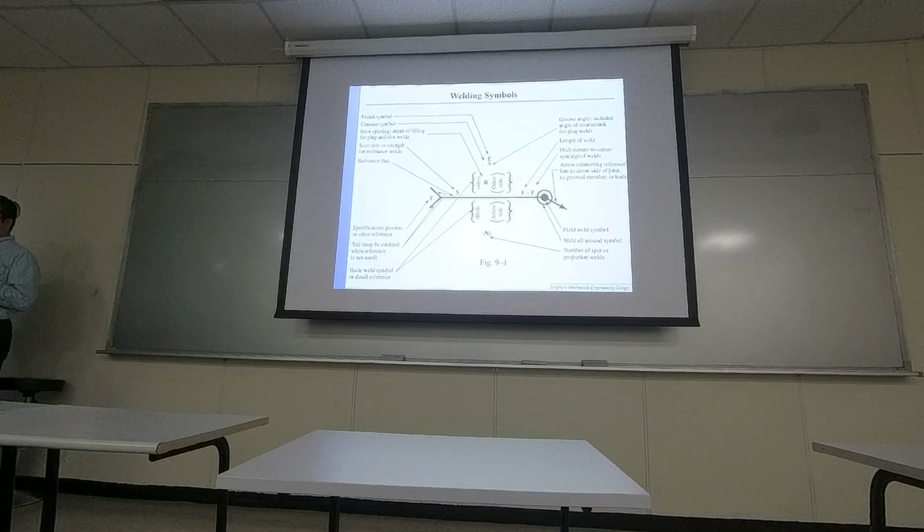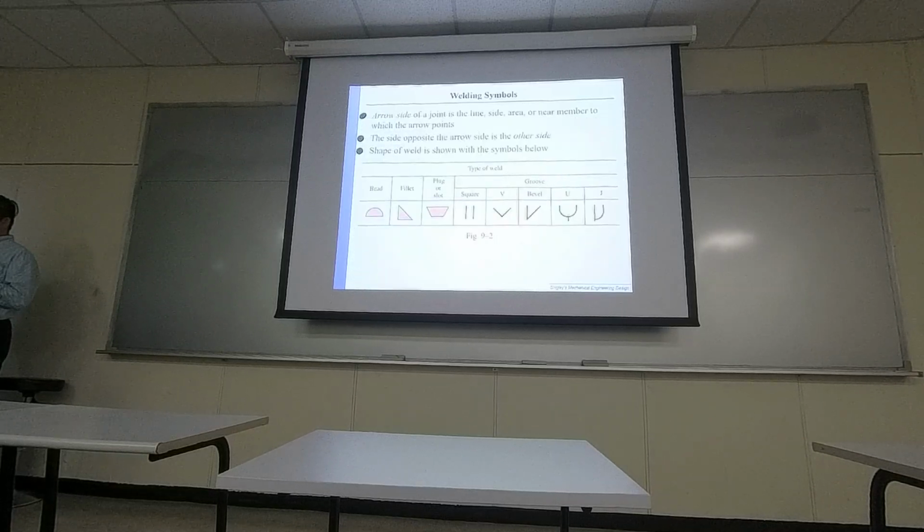So now this is about welding symbol, but I'm not going to talk too much. I just want to tell you about how to do calculations. So this is for engineering drawings. If you are making drawings for welding procedure, then you may need to know about these.